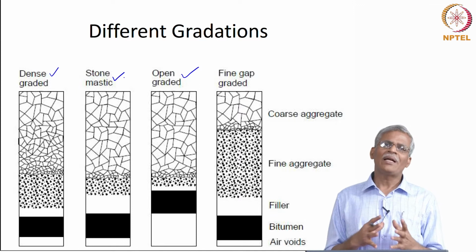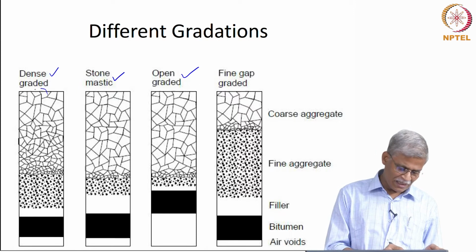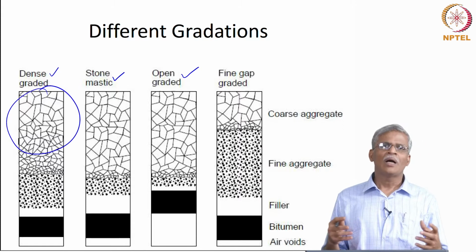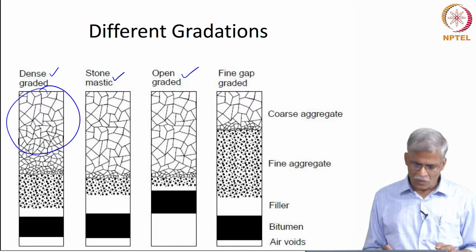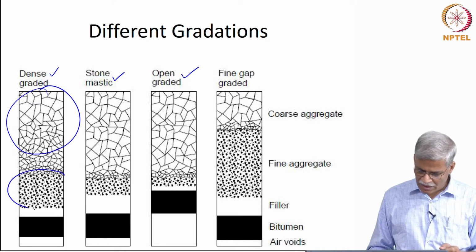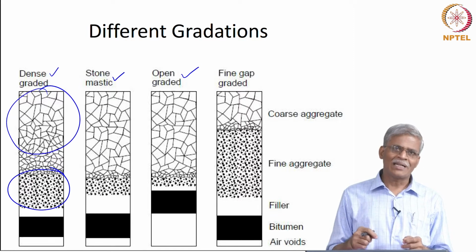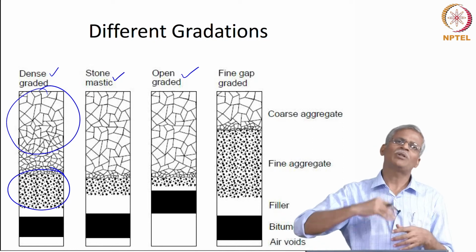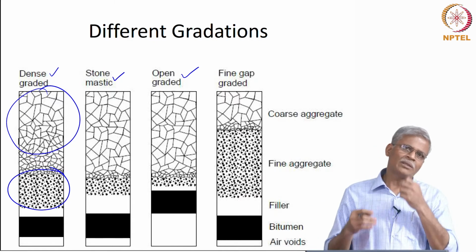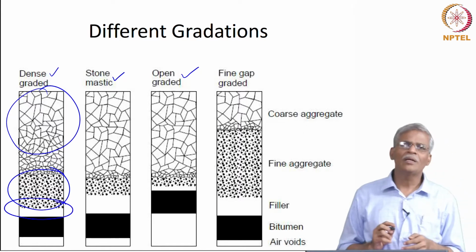The typical idea of a dense graded material is to use a coarse aggregate skeleton that you see here, and the voids within the coarse aggregate skeleton are filled by the fine aggregate, and the voids within the fine aggregate skeleton are filled by the filler.